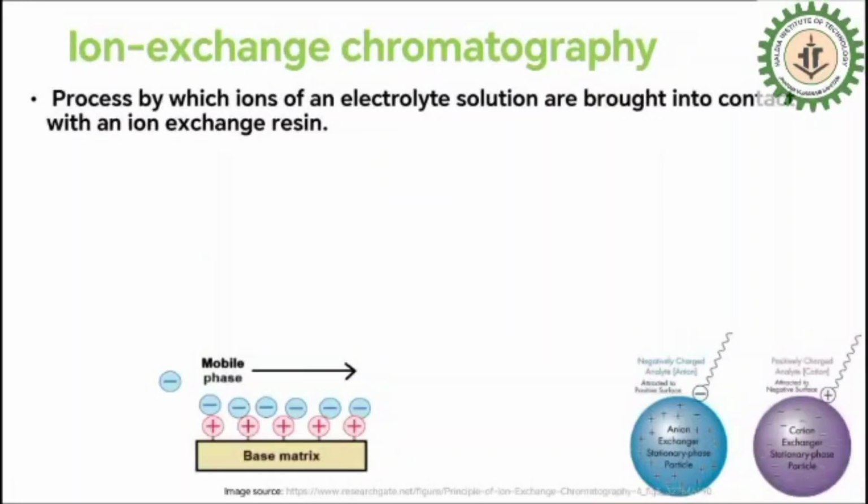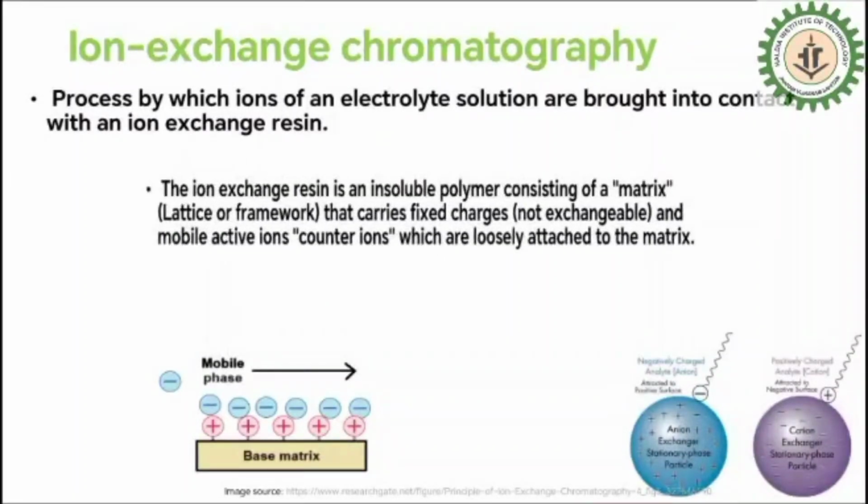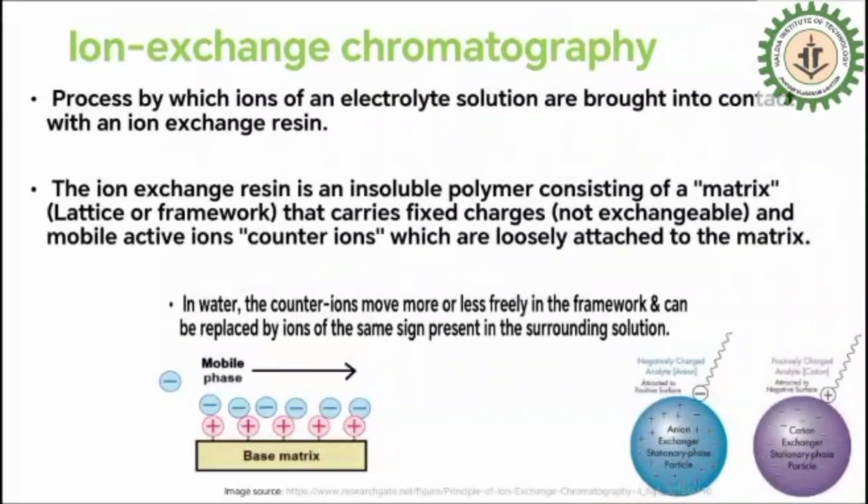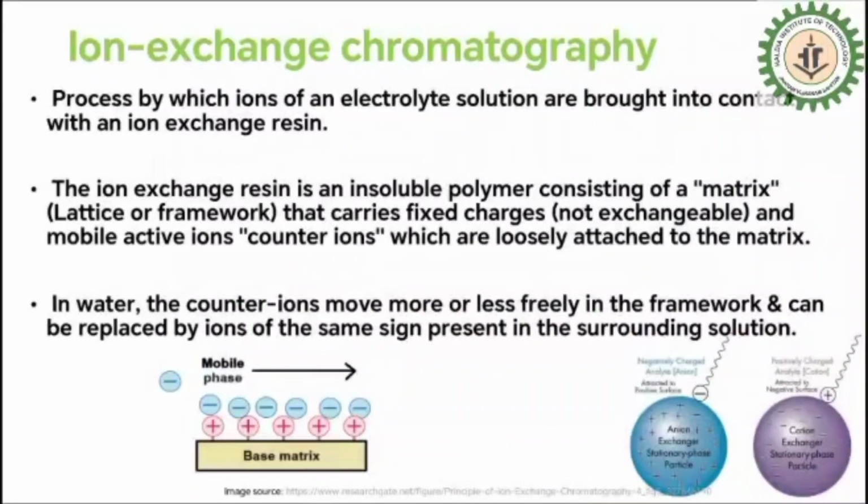This stationary phase contains mobile active ions, called counter ions, which are loosely attached to the matrix. These loosely attached ions can be exchanged with the similar kind of ion present in the sample. For example, if the fixed charges are positive, the mobile active ions or counter ions are negative.